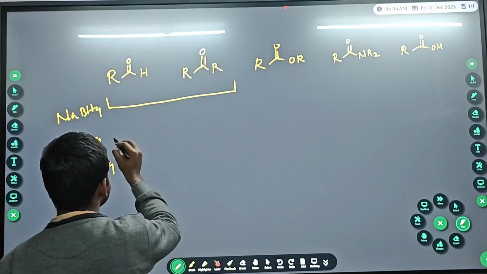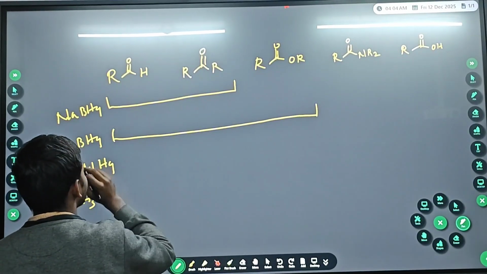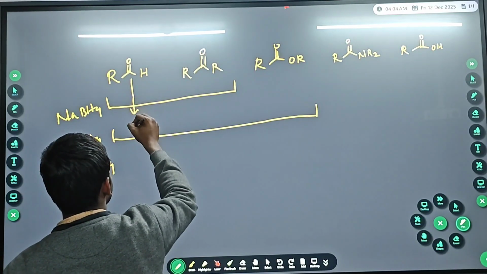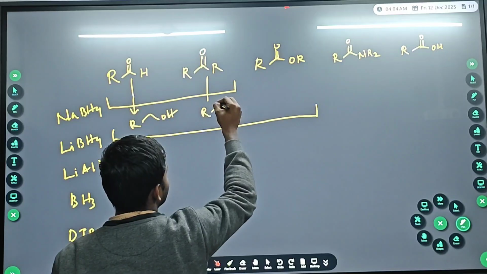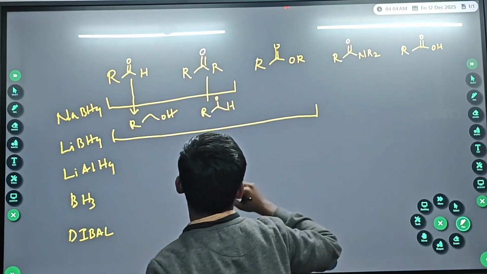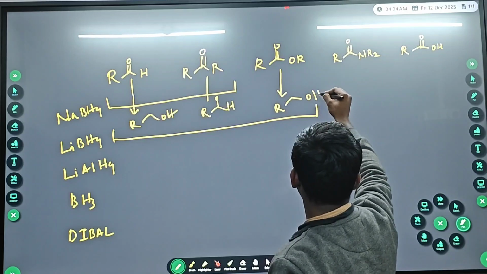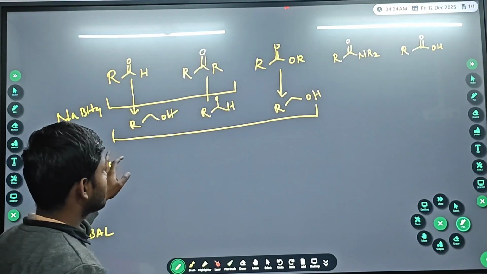Lithium borohydride can do up to this. In both cases, this will give this type of product, a simple alcohol type product. How does this happen? We will use the mechanism.